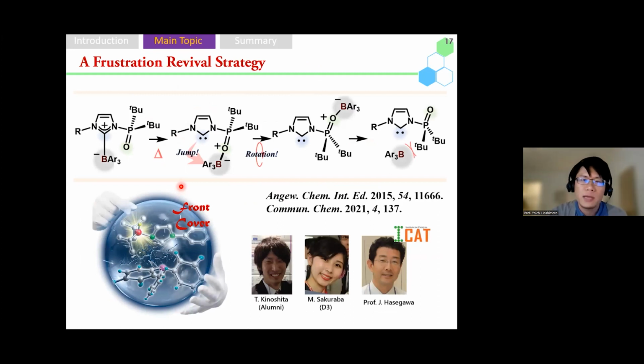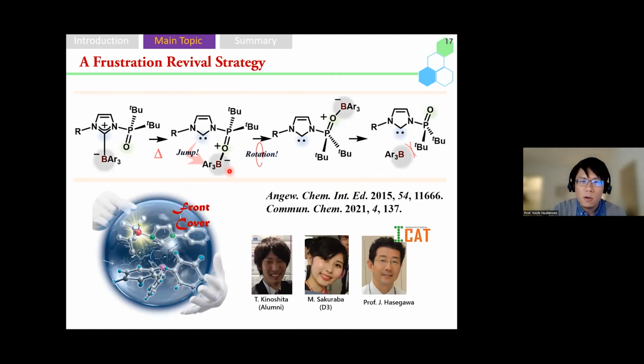Due to the time limitation, I won't mention details about the mechanism, but based on mechanistic studies, including stoichiometric reactions, kinetics, and DFT, we currently propose this reaction path. From this thermodynamically stable CLA, first, thermally induced transfer of boron from carbene to oxygen takes place. So boron jumping happens.